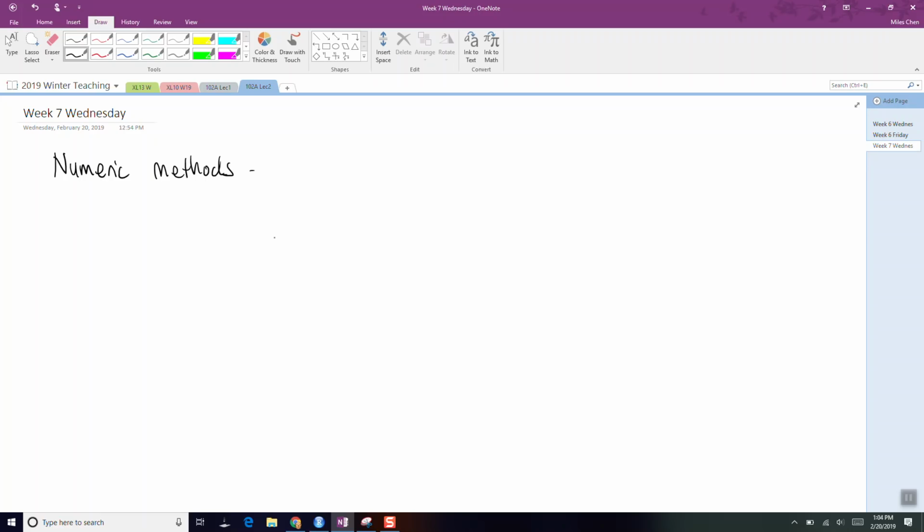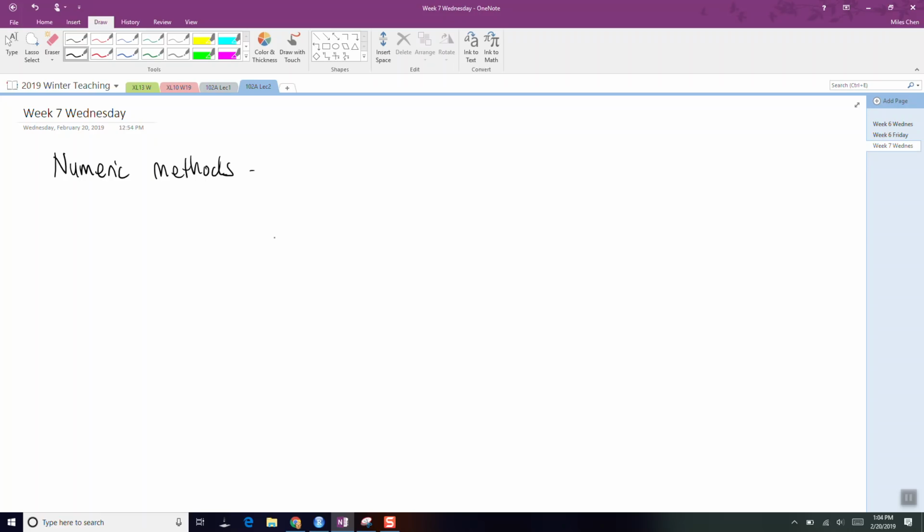The computer does not have any logical sense of that. It doesn't understand math, it doesn't understand calculus, or at least not at this level. But we still want to be able to solve equations and take integrals and things like that.